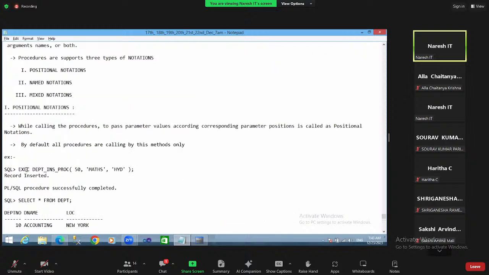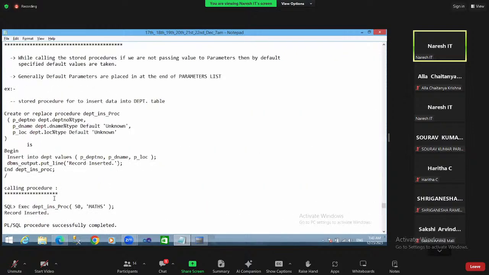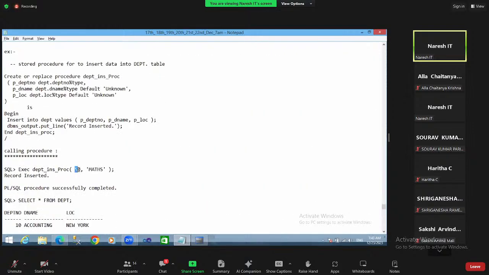See the example here, in this above example, I am passing department number 50, maths, right? So 50 is passed into P_DEPTNO, maths is passed into P_DNAME. Both 50 and maths are actual arguments. What you are passing is received by these parameters, right?